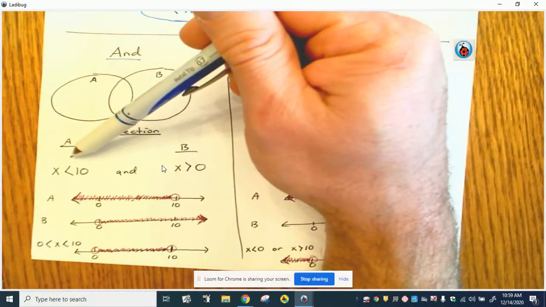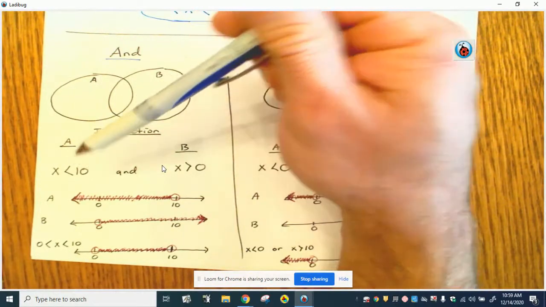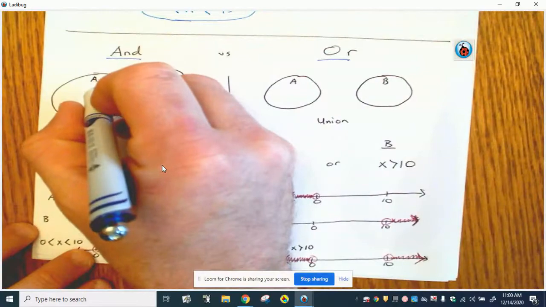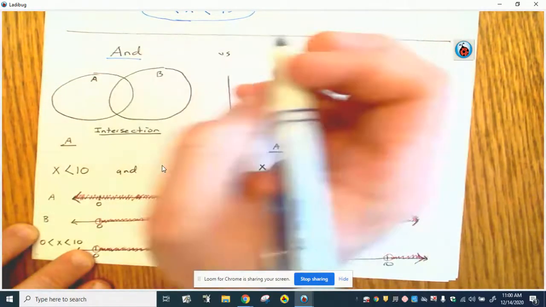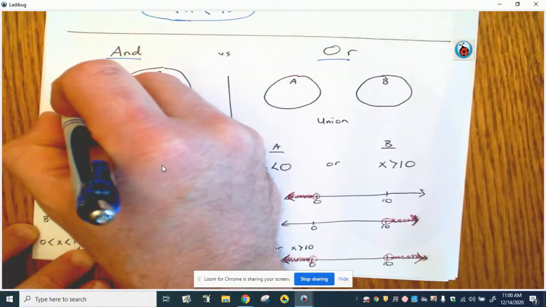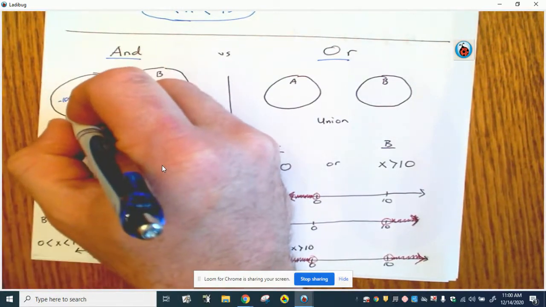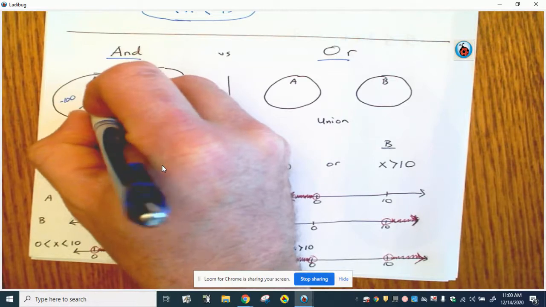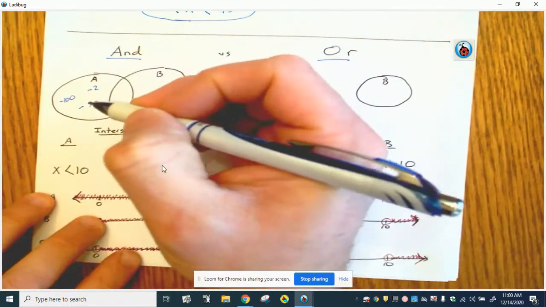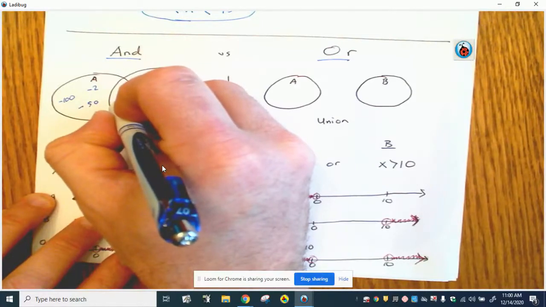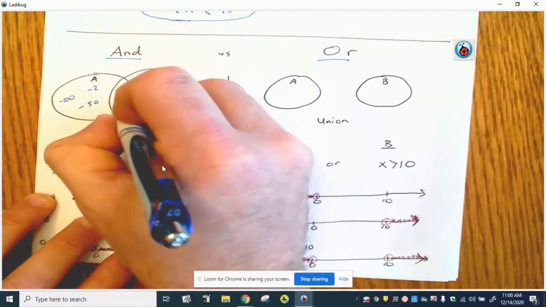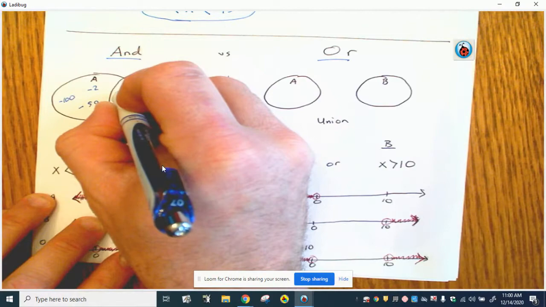We have situation A, which is x is less than 10. In x is less than 10, we have all kinds of numbers, like negative 100 and negative 50 and negative 2. But we also have numbers like 8 and 2.